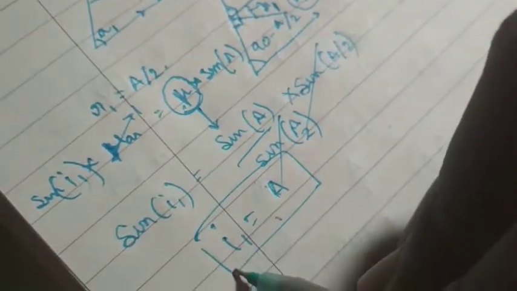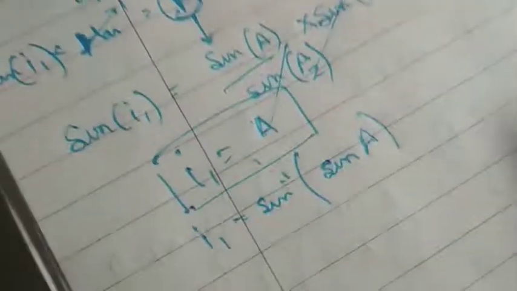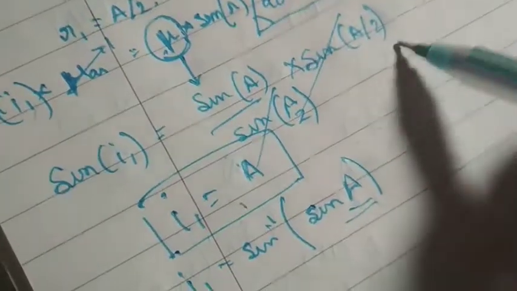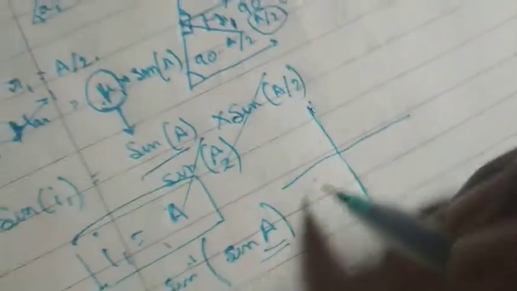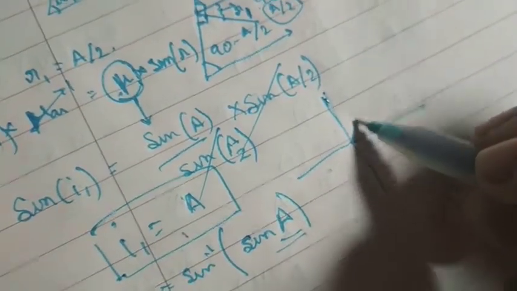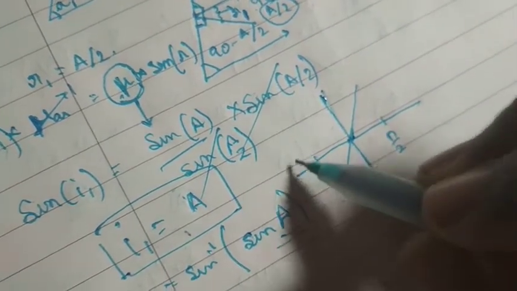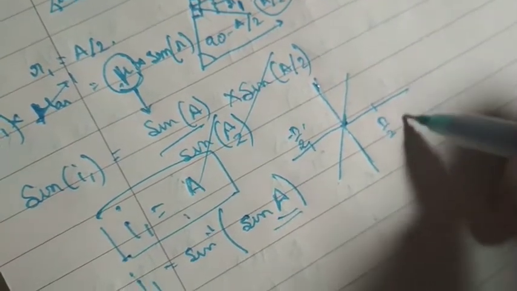So we can say that i1 equals A, because i1 equals sine inverse of sine A, right? But this thing is not always A. The graph of sine inverse of sine theta is actually theta only between minus pi by 2 and pi by 2, and then again it is something like this.